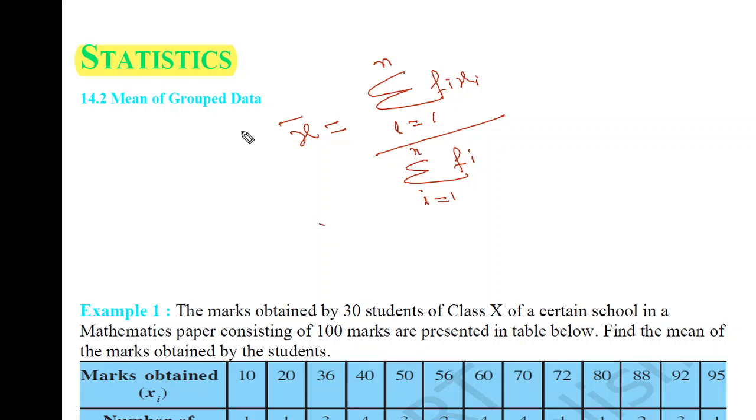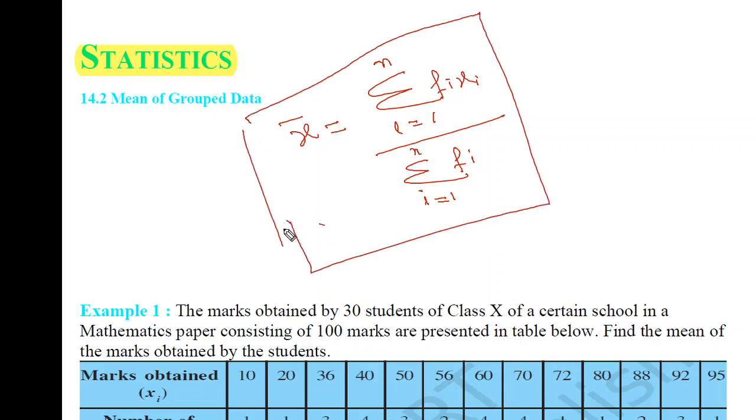Okay, so this was the formula for mean. In class 9 you have studied it. We will simplify the formula. It is simply you can write x bar equal to sigma fi xi divided by sigma fi.